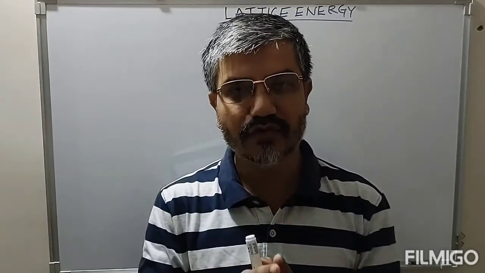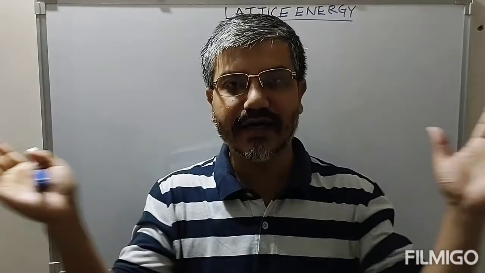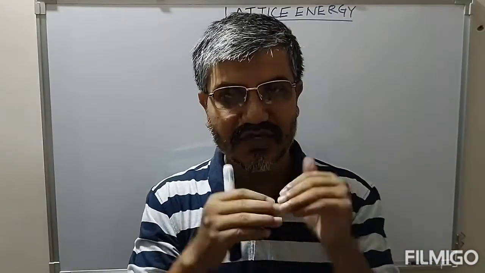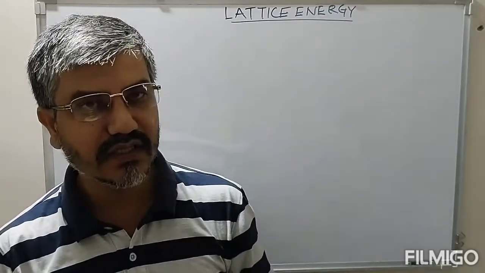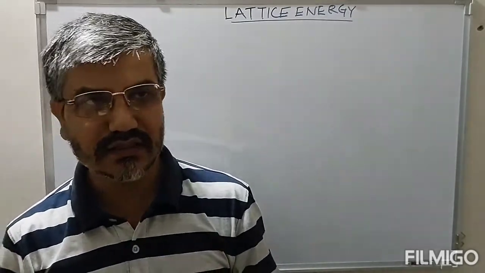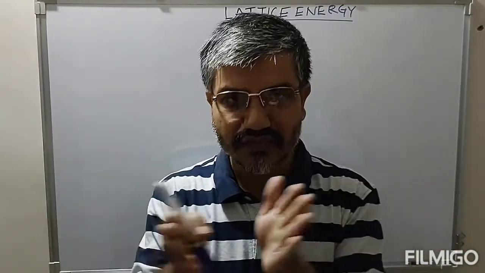During this formation of 1 mole of ionic compound, some energy is released, and that energy released is defined as the lattice energy of the compound. Now this is defined in terms of energy released during the formation of the ionic compound.